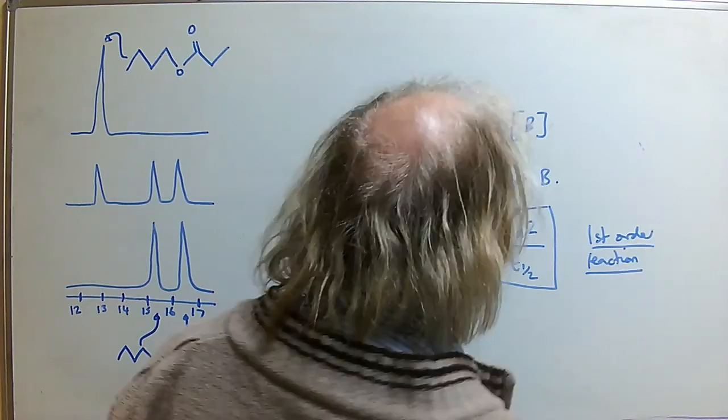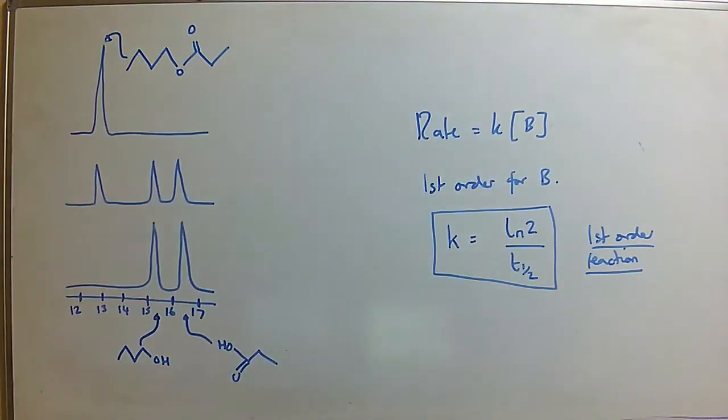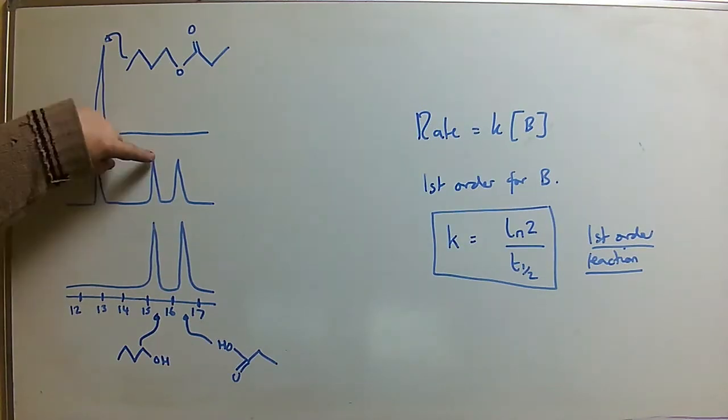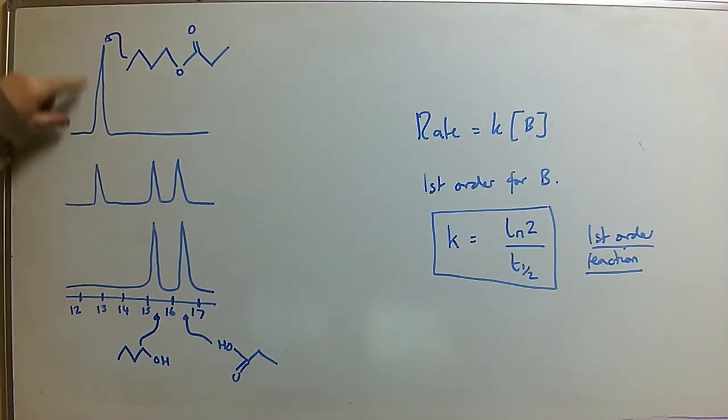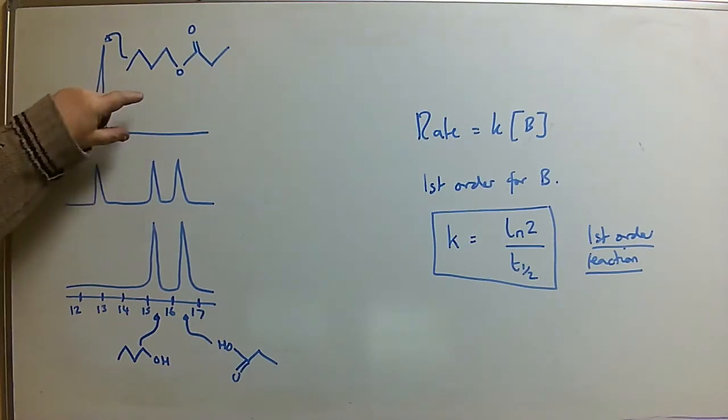Okay, so you have to know that that's true, and you have to think of using it here, because you can see how you can estimate the half-life from these data. Because at this point, you can see that the size of the product peaks is the same as the size of the reactant peak. That means that half of the reactant has been used up and turned into product, right?